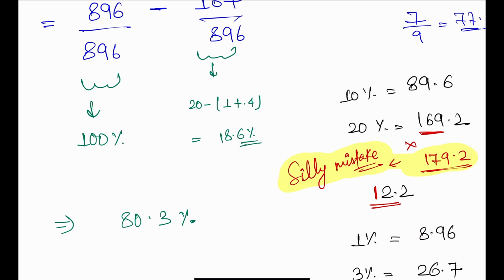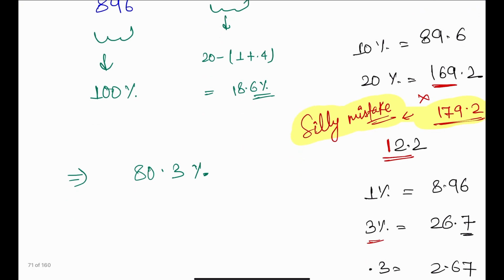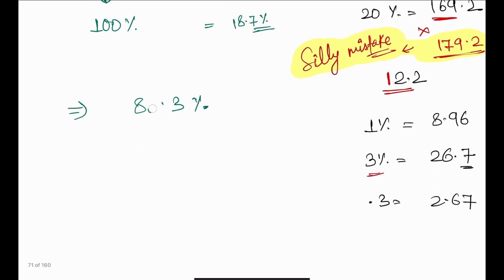So 18.6, if I remove from 100, or let's just take 3 also. If we take 3 over here, 20 minus 1.3 will be 18.7, and if I remove 100 minus 18.7, it will be 81.3. So this is a little bit of a mistake I have made, 81.3.